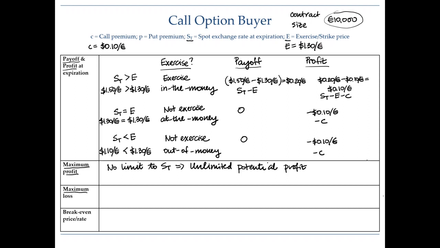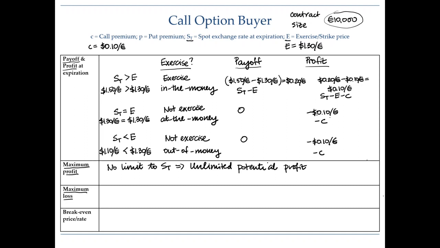So how about your maximum possible loss? As you can see, whenever the future spot rate is not favorable to you, so let's say it's less than $1.30, you simply do not exercise this contract. You do not have to. With a call option, you get the right to do something, but not the obligation, so you simply will not exercise this call option when the future exchange rate is not in your favor.